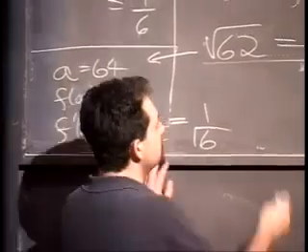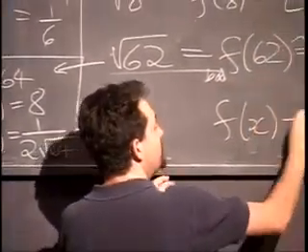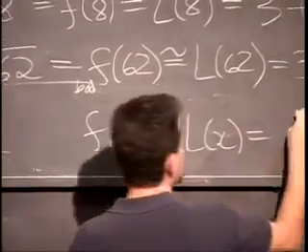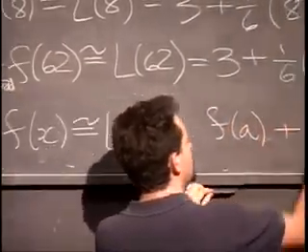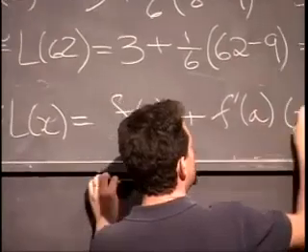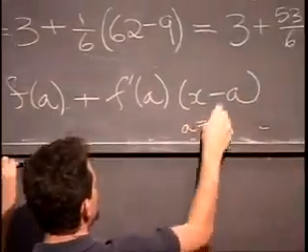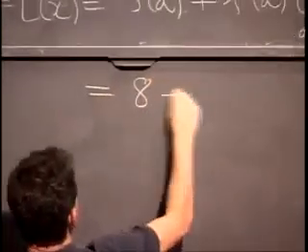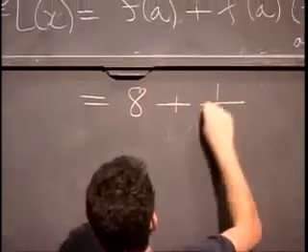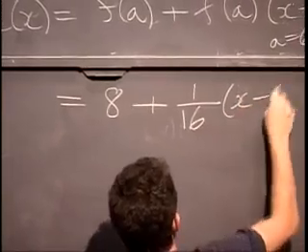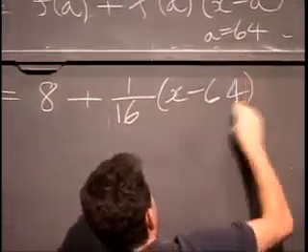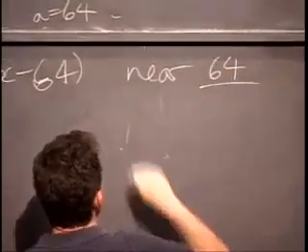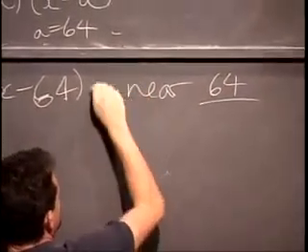And so here, f of x is approximately L of x, which is f of a, well, maybe I better write it out, plus f prime of a times x minus a. But here a equals 64. So if you work this out, this is 8 plus 1/16 times x minus 64. And that's for x near 64.